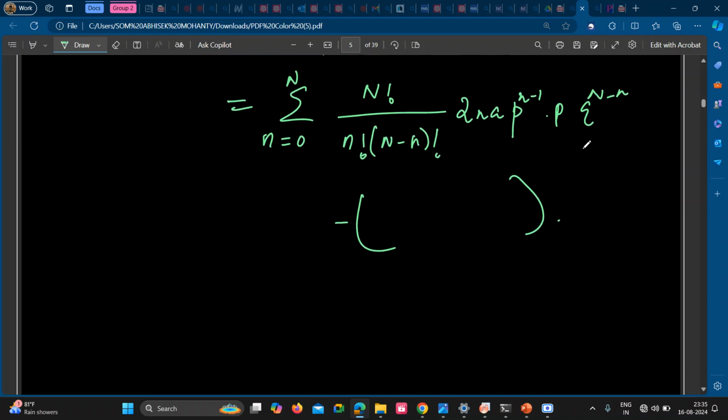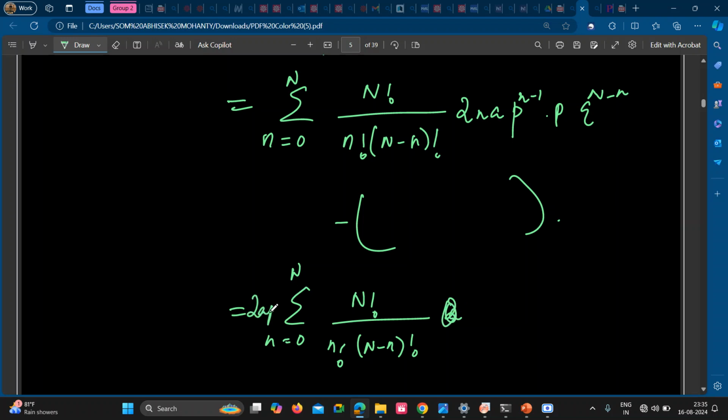So this becomes summation 0 to N, N factorial divided by n factorial, N minus n factorial. This becomes 2. 2ap I will take out, n whole into p to the power n minus 1.